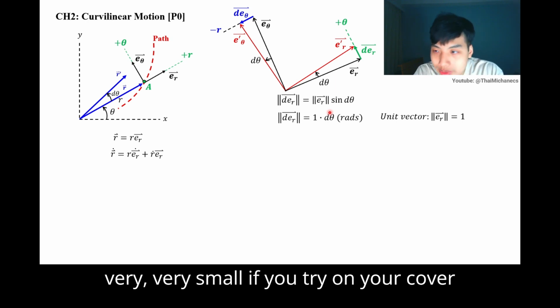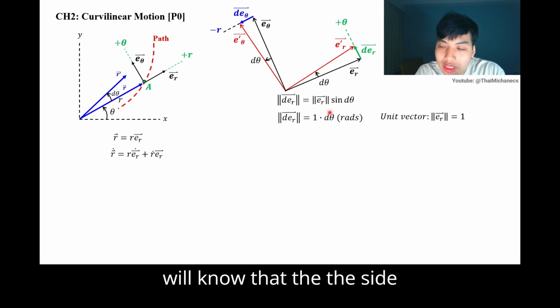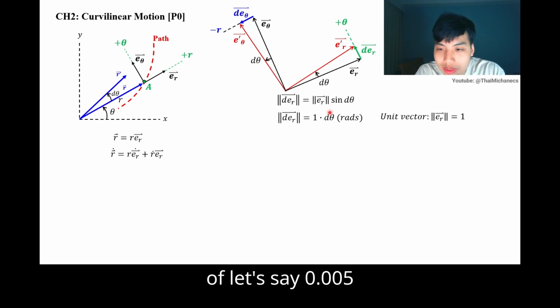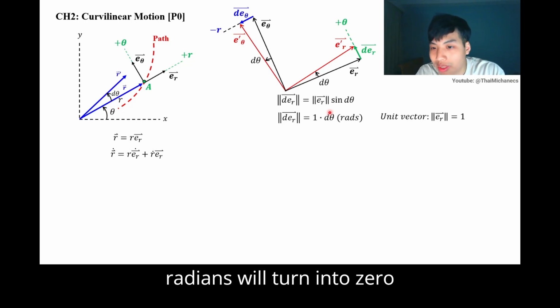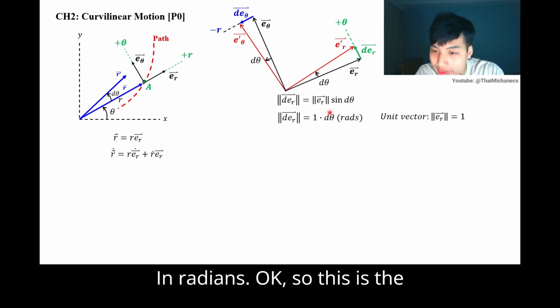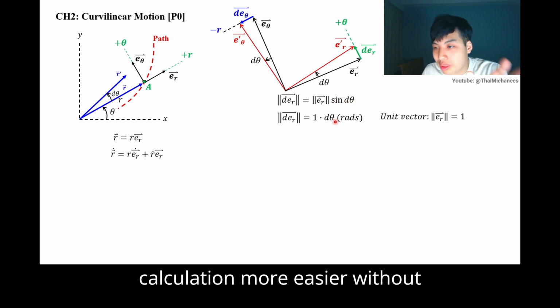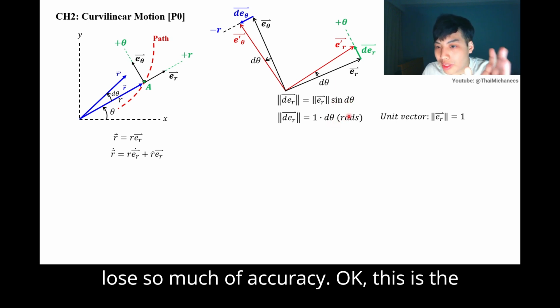If you try on your calculator, the sine of, let's say, 0.005 degrees or 0.0005 radians will be the same number as the angle in radians.